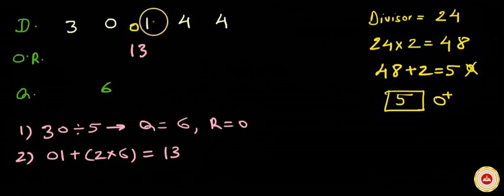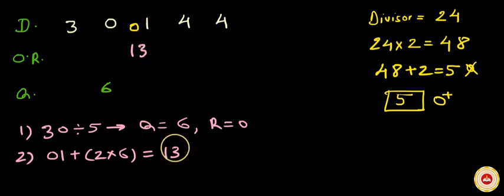As we considered 30 to be divided by osculator 5, this becomes the second digit. So we have written 13 below this second digit 1.